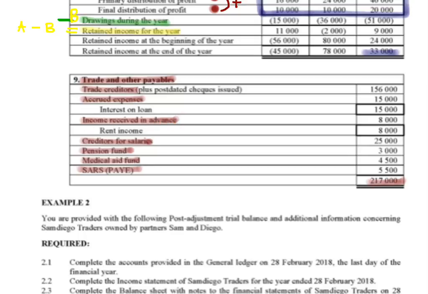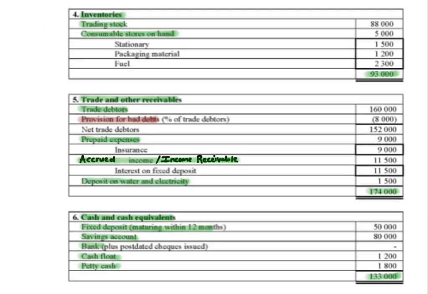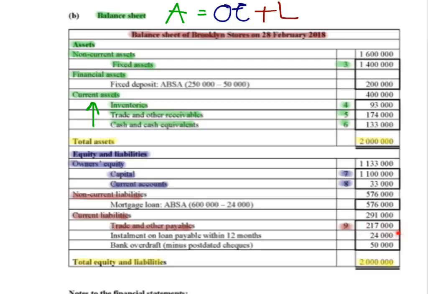And then if there's any money outstanding in terms of salaries and wages, such as creditors for salaries, pension fund, medical aid fund, SARS pay as you earn, those would also be listed as outstanding amounts or short-term creditors. Therefore, this total amount in trade and other payables is then taken back to your balance sheet to form the last bit of the balance sheet that needs to be done.